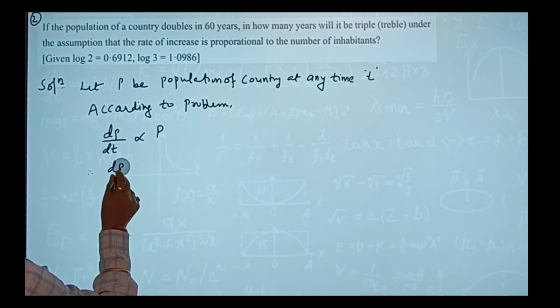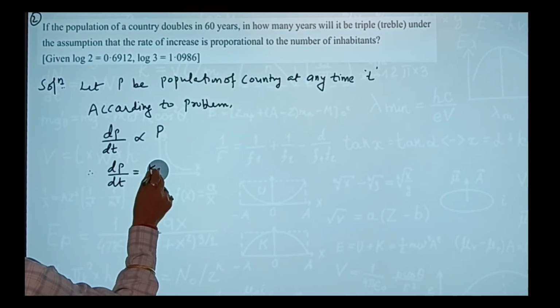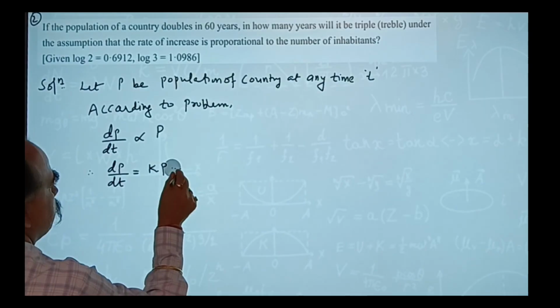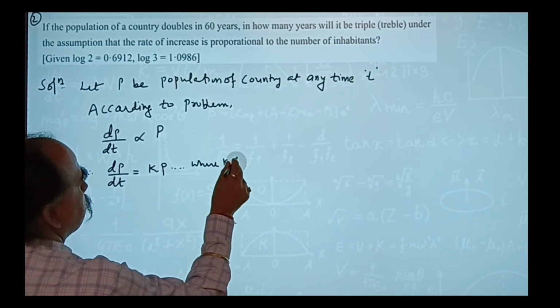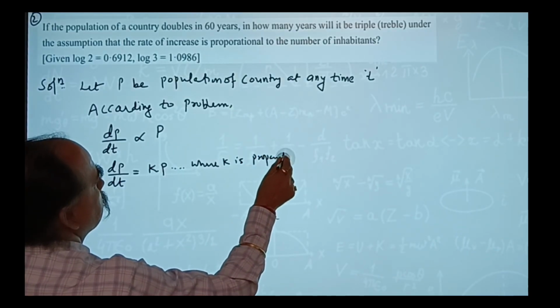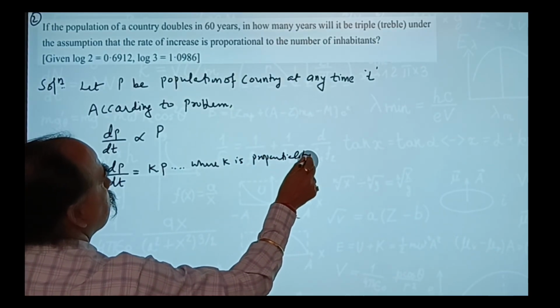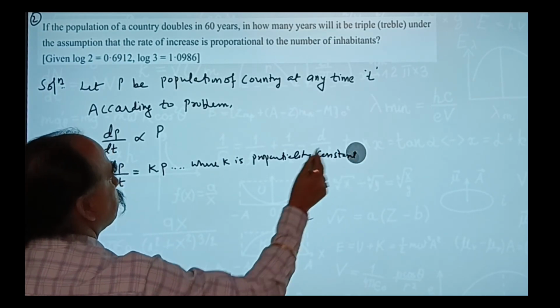So dp by dt is kp, where k is proportionality constant.